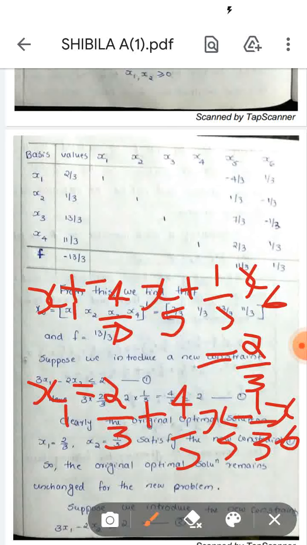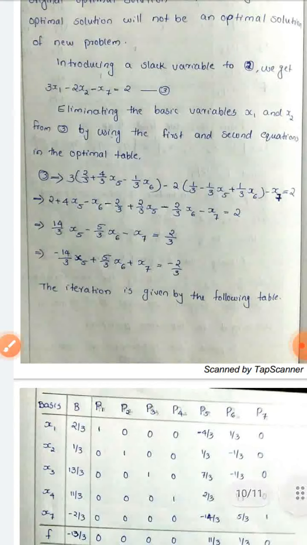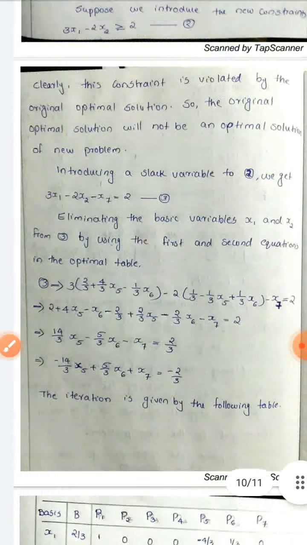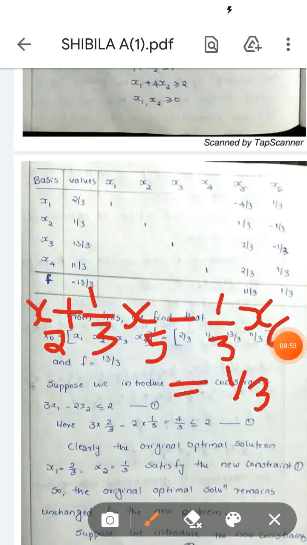Substitute the value of x1 here, that is 2 by 3 plus 4 by 3 x5 minus 1 by 3 x6, and similarly we get the value of x2 from this table. x2 plus 1 by 3 x5 minus 1 by 3 x6 equal to 1 by 3, and from this we find the value of x2.